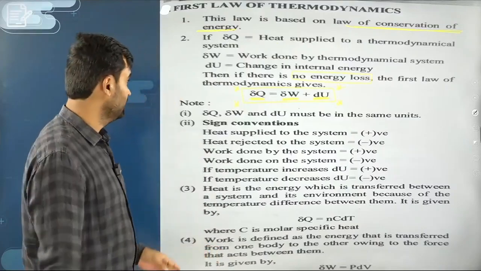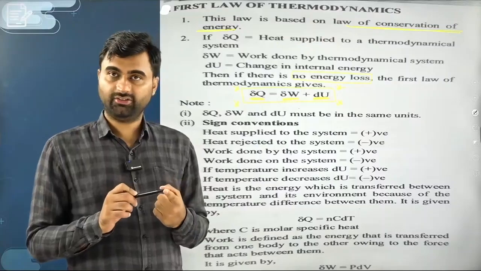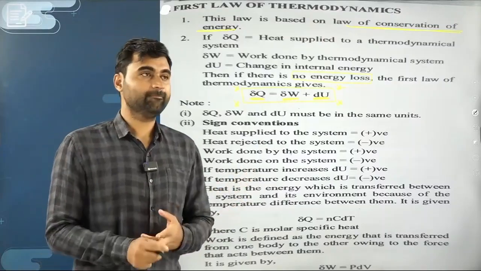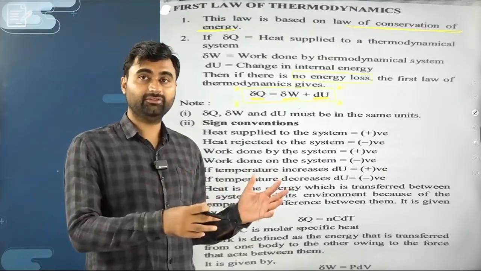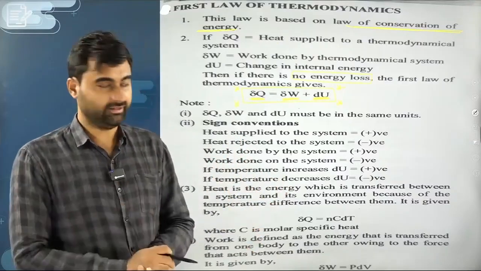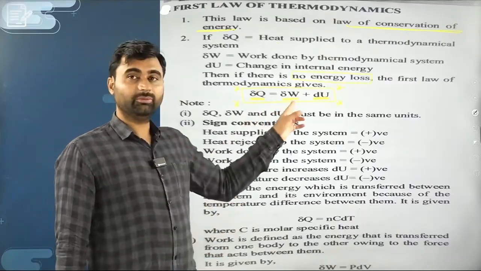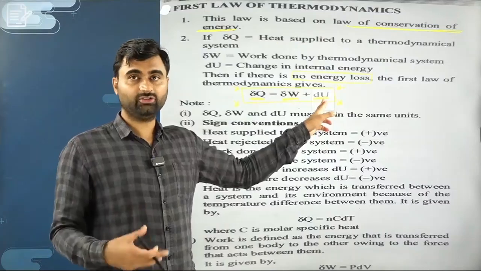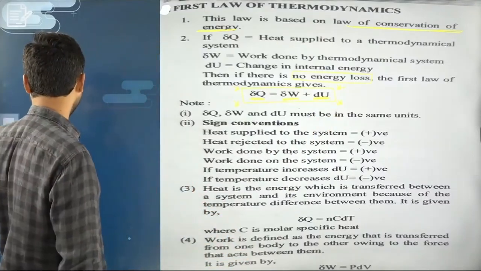Okay students. So till now we understood about internal energy and work done. We did so many questions also today, and finally we related heat supplied with work done and internal energy. And when work done will be positive or negative, we already understood. About internal energy also we understood, because for change in internal energy we discussed this formula also.